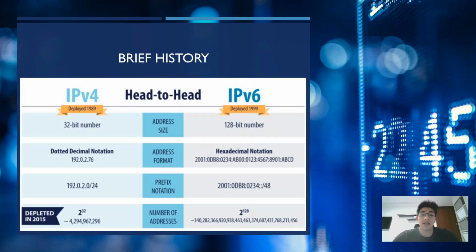This system limits the IPv4 protocol to 4,000 million different addresses, which in the 80s seemed to be sufficient, but in practice it has been scarce as a result of the revolution of mobile devices and the imminent development of the Internet of Things, which increase the number of devices connected to the network.